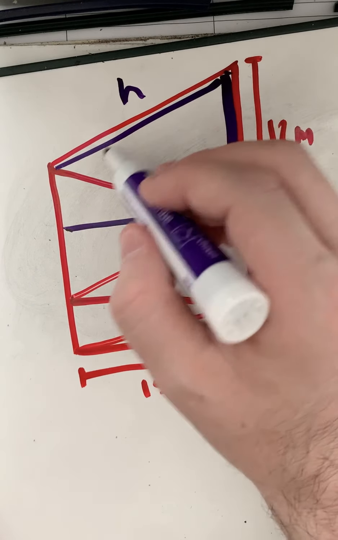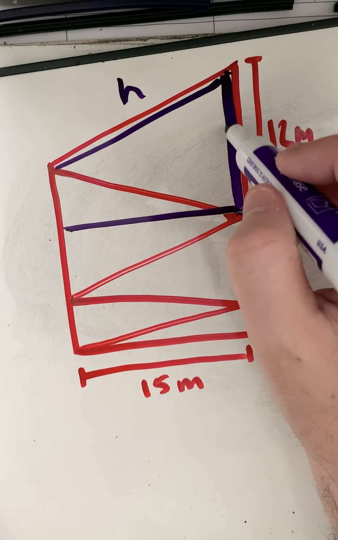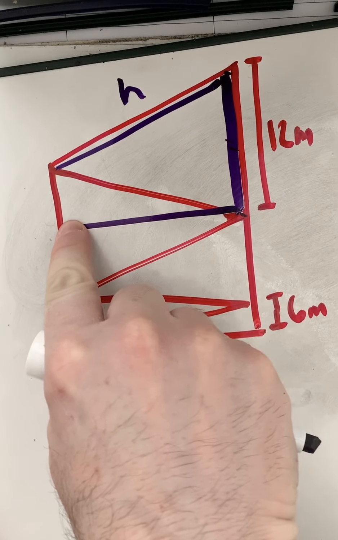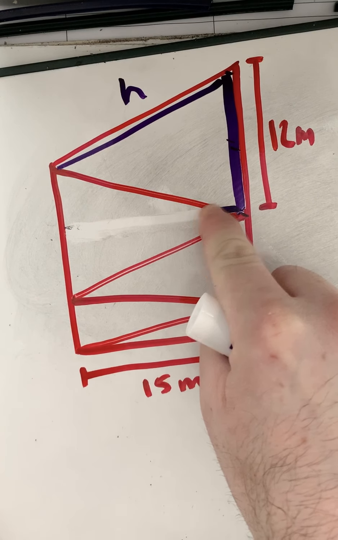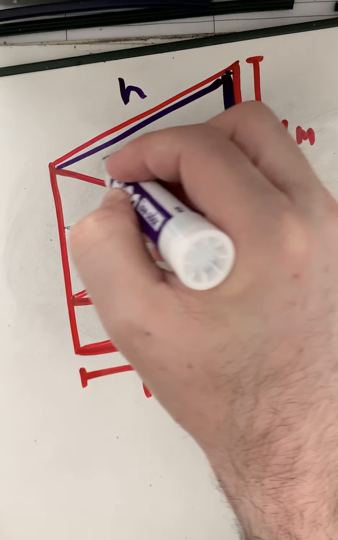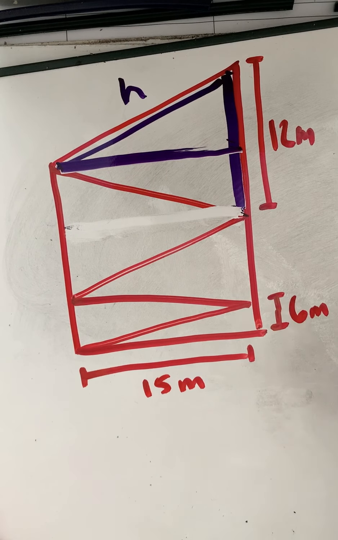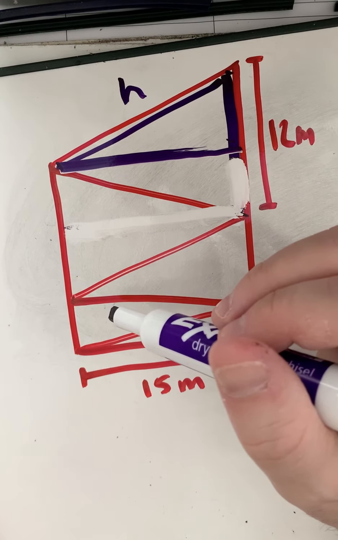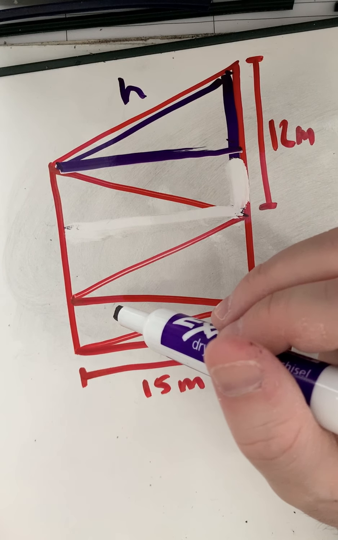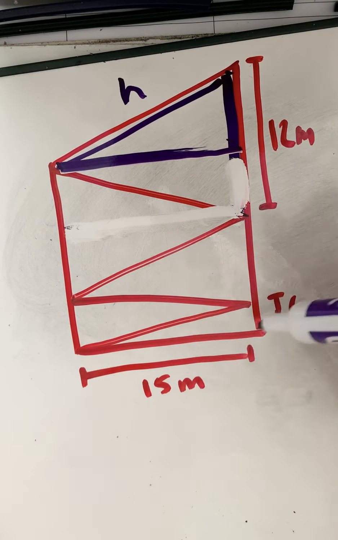I didn't draw them the greatest, but sorry, let me redraw this. That line is very confusing. Sorry, guys. It's actually from here to here. So you're looking at it like that, right? So you know the height is 12, and the horizontal part is 15. So let's solve for the 12-meter ramps, okay?